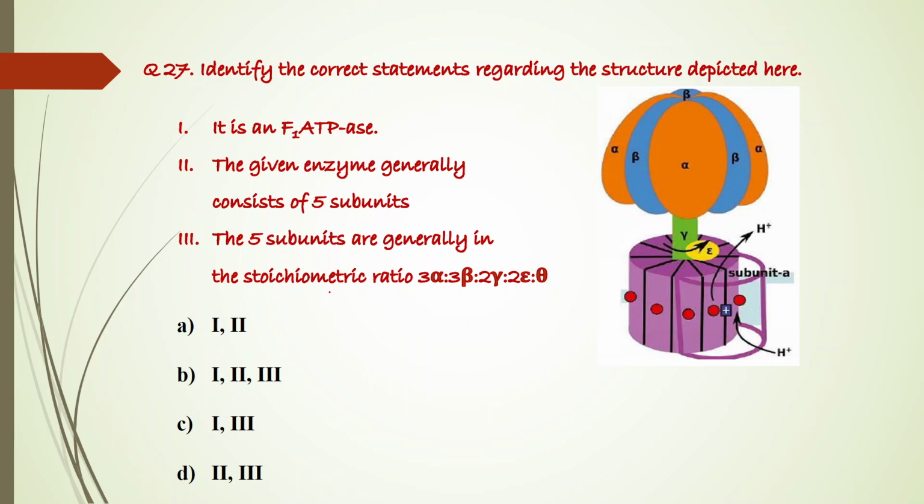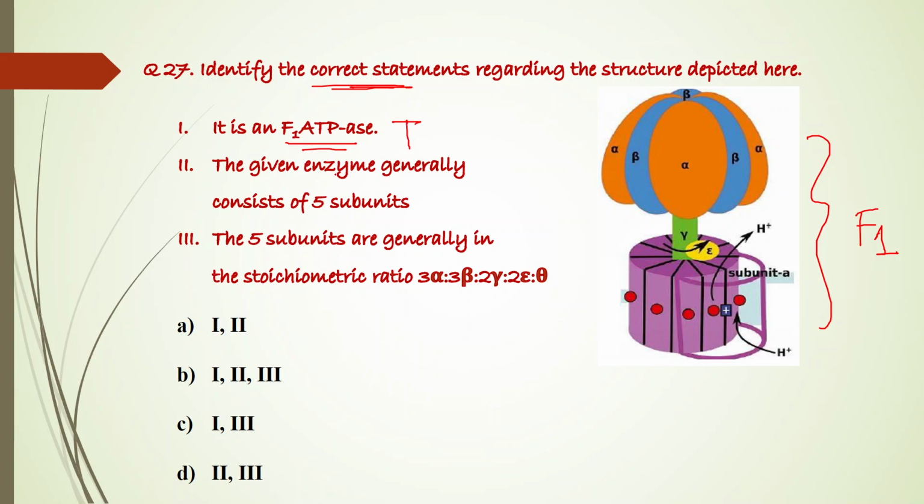It has two main components: one is the F0 complex and another is the F1 complex. The image you are seeing here is the image of the F1 complex, so it is F1 ATPase. In this question we have to identify the correct statement. The first statement says it is an F1 ATPase, which is a true statement.